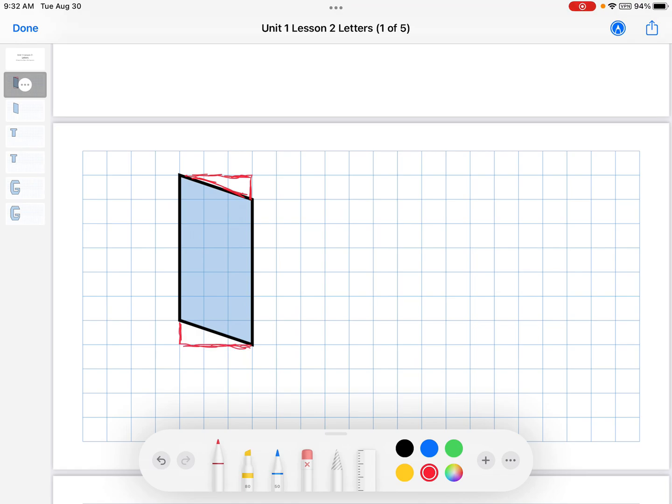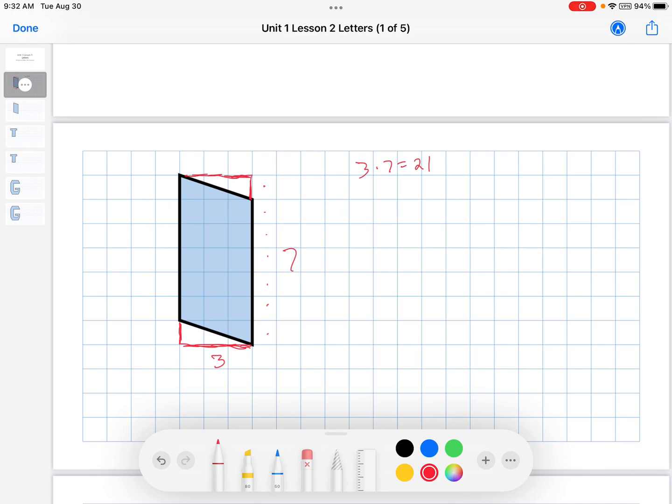That makes a simple little rectangle that is 3 on this side and 1, 2, 3, 4, 5, 6, 7 on this side, and 3 times 7 is 21. But that shape is bigger than the original parallelogram shape that you were given.